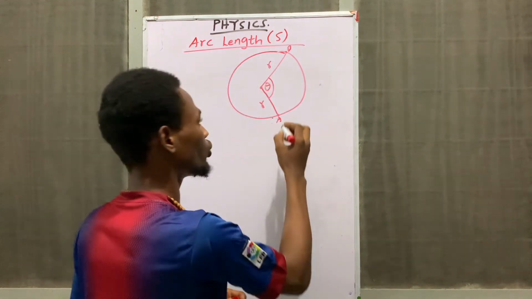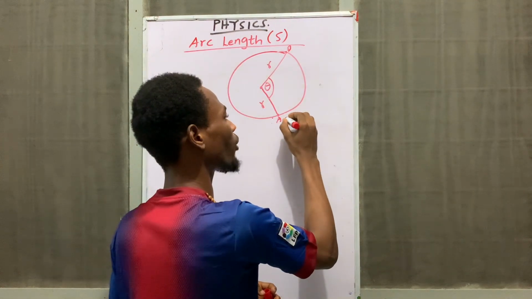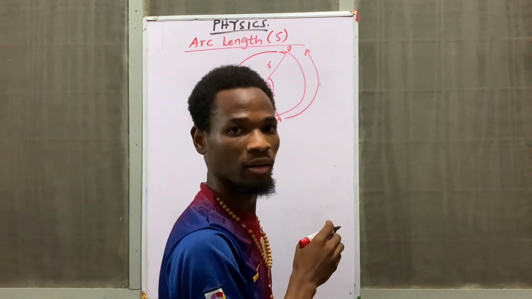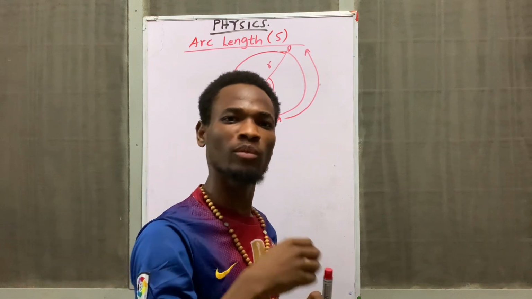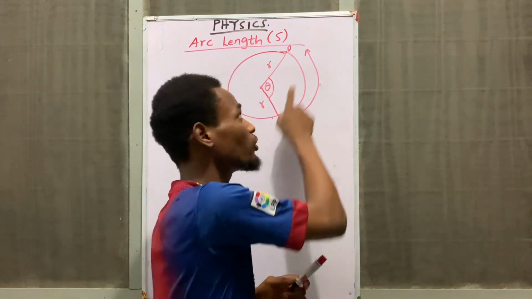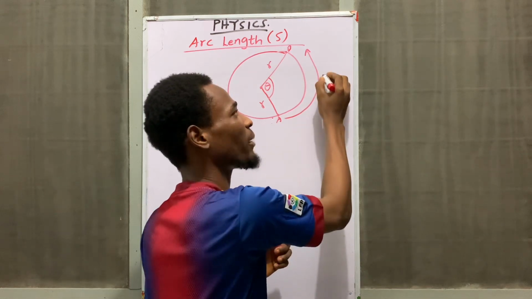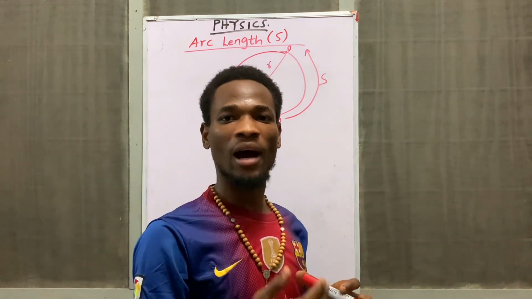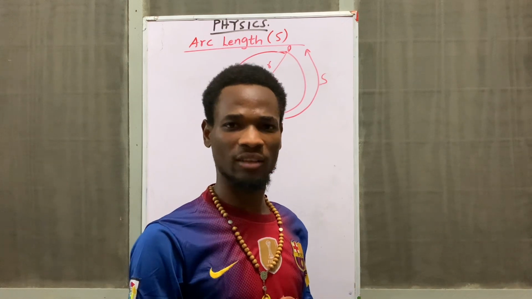And now, suppose the body is moving from point A out to point B along the curved path. We are saying that the distance moved or covered by the body as it moves from A to B is represented by the symbol S. So clearly, S is our arc length or our arc distance.